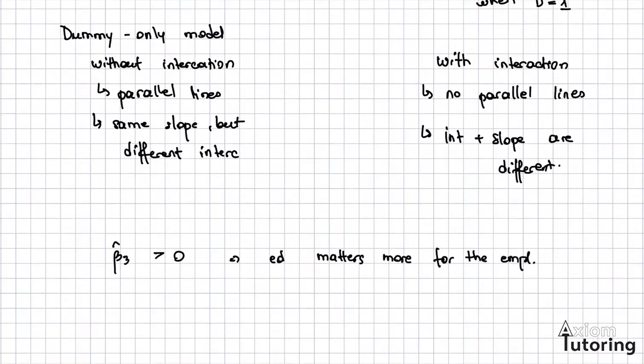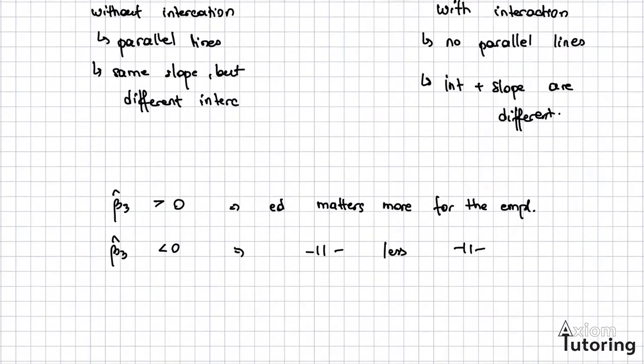If beta 3 is smaller than 0, it means that education matters less for the employed. And if beta 3, as we said earlier, is equal to 0, it means that education matters equally for both groups.